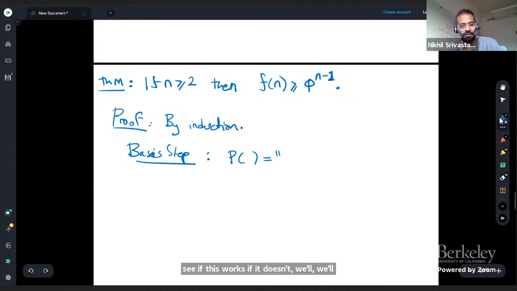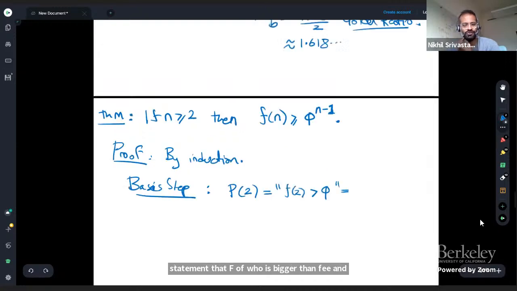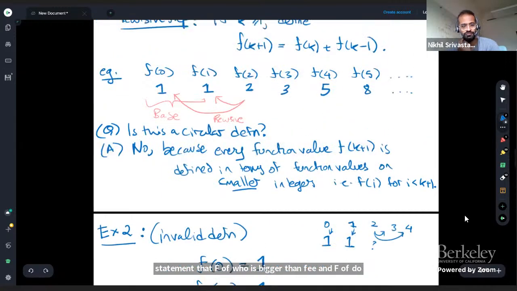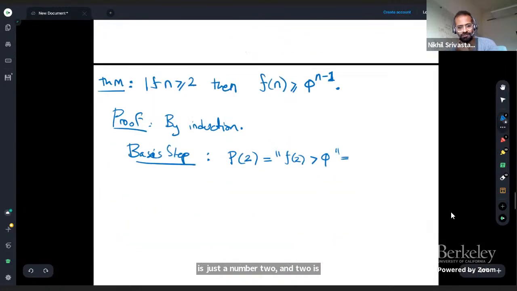So okay, so the basis step is, so P of 2 is the statement that f of 2 is bigger than phi. And f of 2 is just the number 2. And 2 is bigger than 1.618. So this is true.